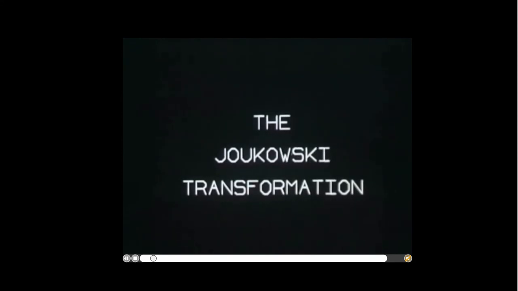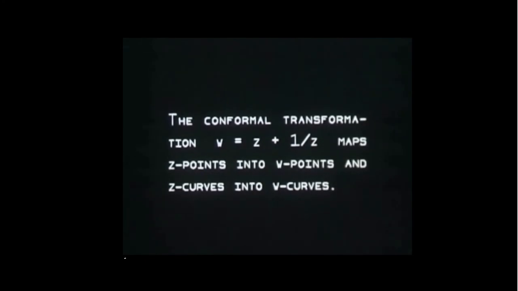This is a small video taken from the AT&T archive. This video briefly animates this transformation which they have given as w equals z plus 1 by z, and in our case we have assumed w to be zeta.